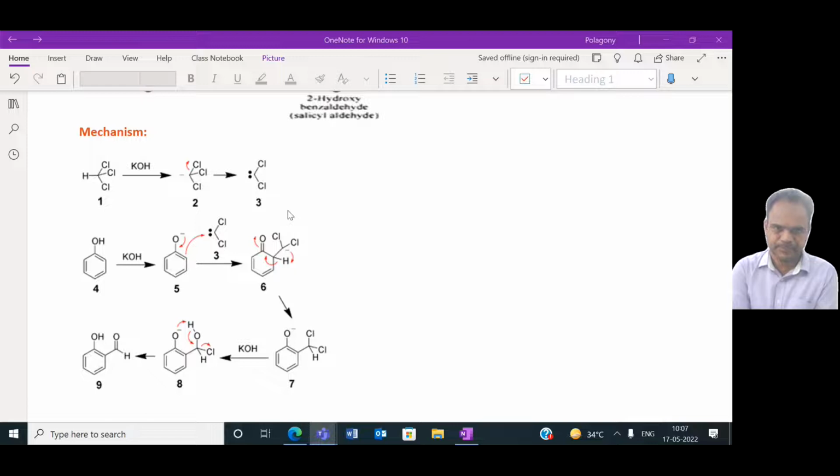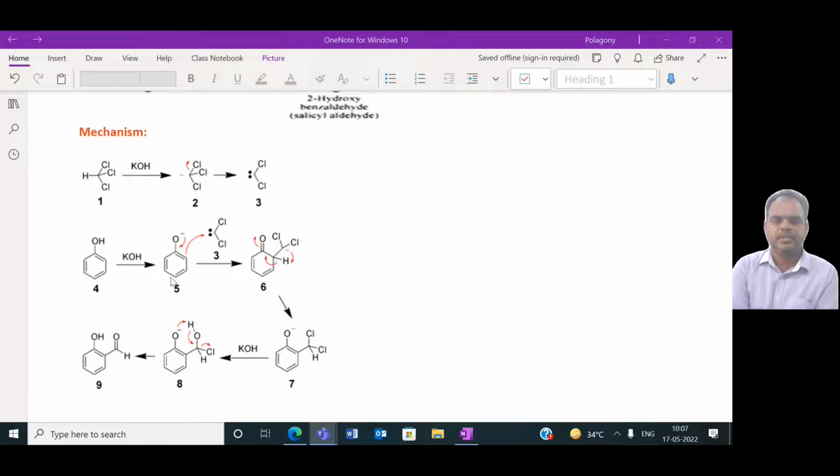So the carbon holding two chlorines will carry the positive charge, since the chloride ion is eliminated.